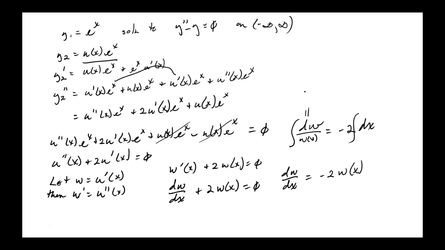Yeah, I was looking at the dw, my bad. So what's that going to be? ln of w is equal to negative 2x. Now we can exponentiate both sides, and we get, pretty exciting, isn't it? The w of x is equal to e to the minus 2x.